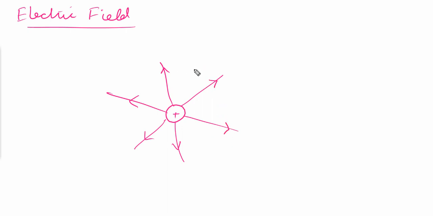Now we put another positive charge within this electric field. This positive charge will experience some force of repulsion due to the first charge. So we can say the region or space in which a charge can experience an electric force is called the electric field. If it is a positive charge, it will experience a force of repulsion. If it's a negative charge, it will experience a force of attraction.